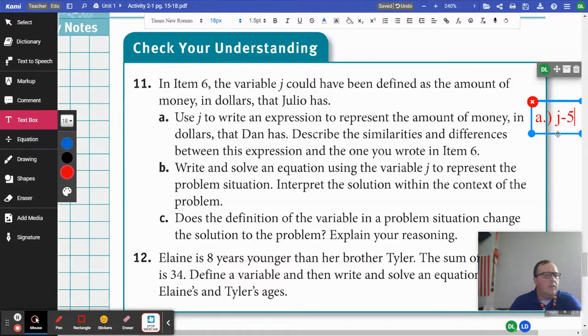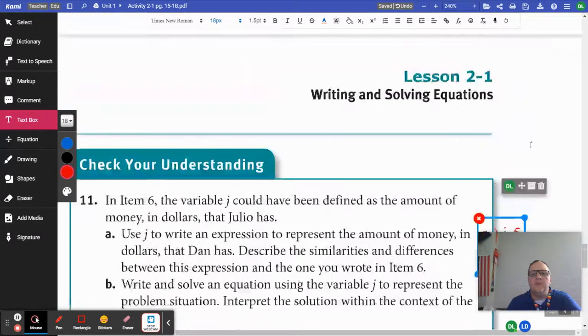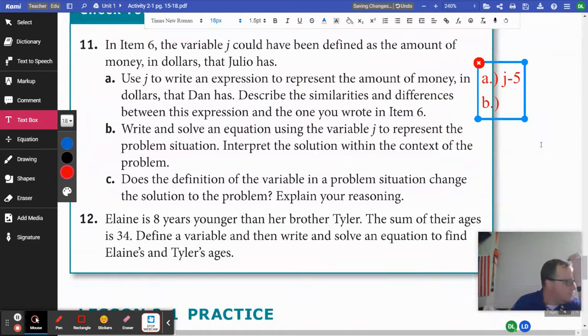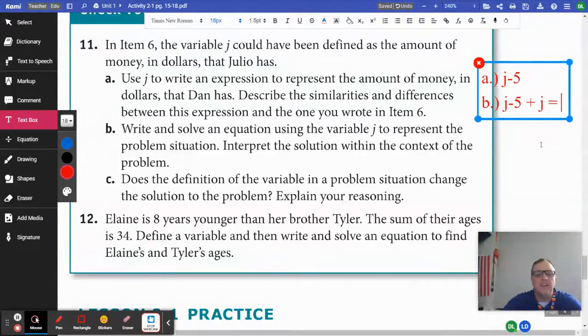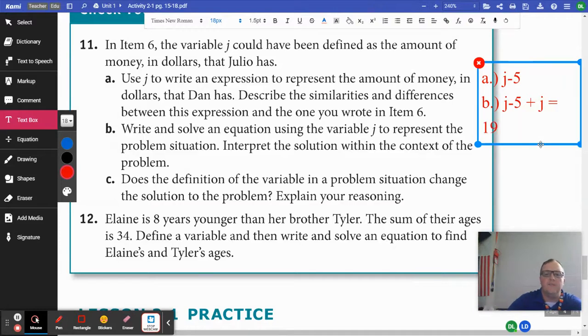Part B, let's see what it says. Write and solve an equation with the variable J. So whatever Julio has, which is now J minus 5, that's what Dan has, plus what Julio has, which is just J, equals the total amount, which is 19.